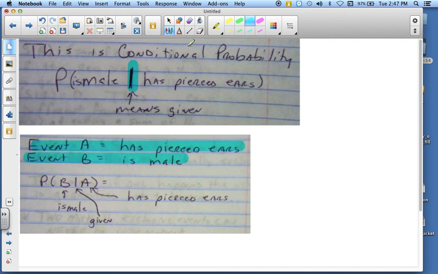So the way we write that is the probability of B given A. So the probability that someone is male given they have pierced ears. Always write it in this condition, okay? Let's go back to a pen here. Make sure that this is the way you're writing your probabilities, especially conditional probabilities.